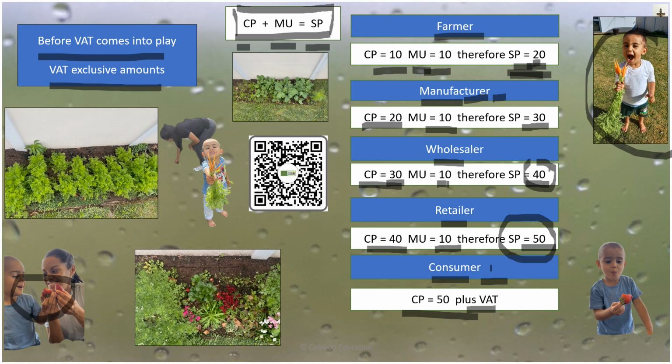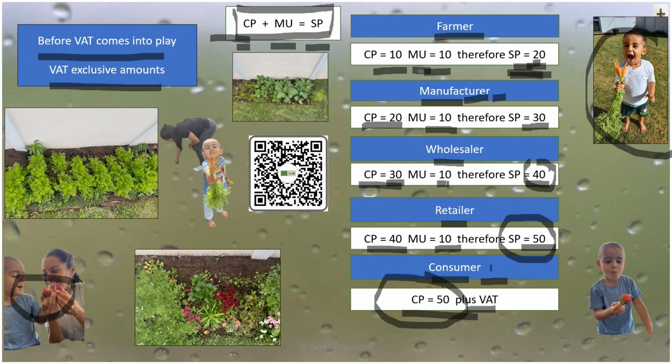So at the different levels of production, if a markup of 10 is added at each level, you see how the price increases down the line. Now what I'm going to do in the next slides, I'm going to introduce VAT and I'm going to show you how VAT is added.